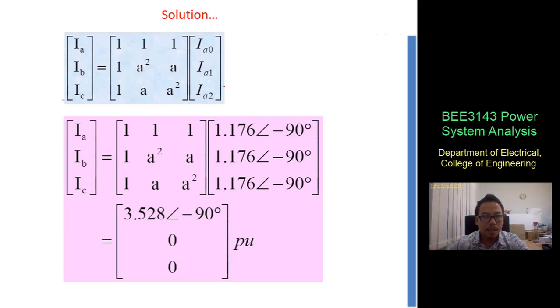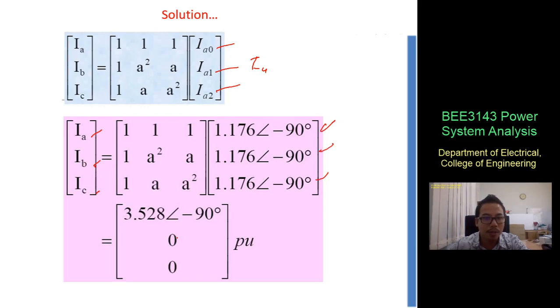This is a different expression using the matrix. So here we have the IA, IB, and IC. After we get the IA0, meaning the zero sequence, positive sequence, and negative sequence of the IA, we can calculate for the case of B and C. Just substitute.